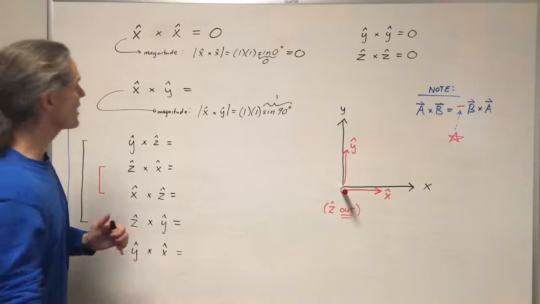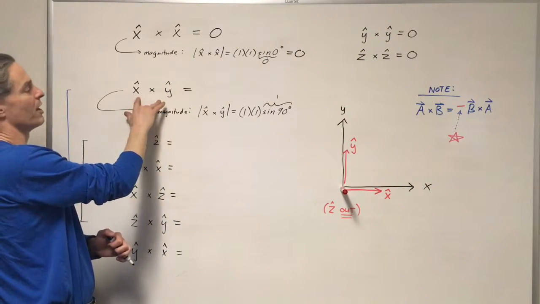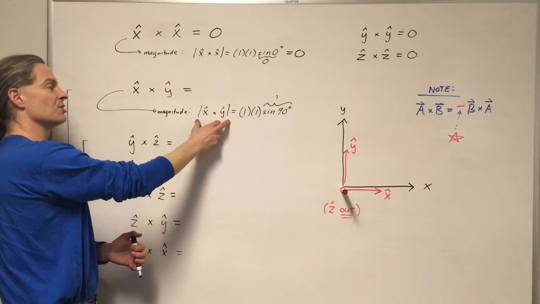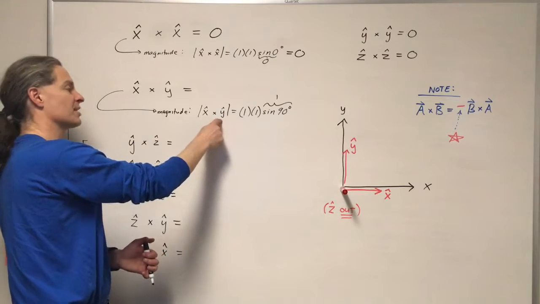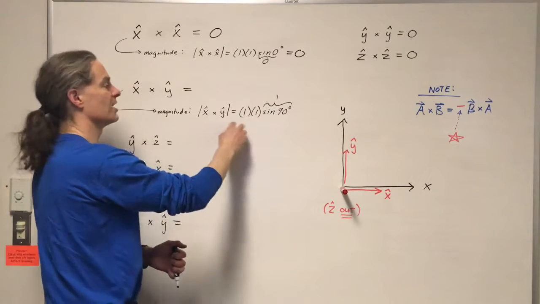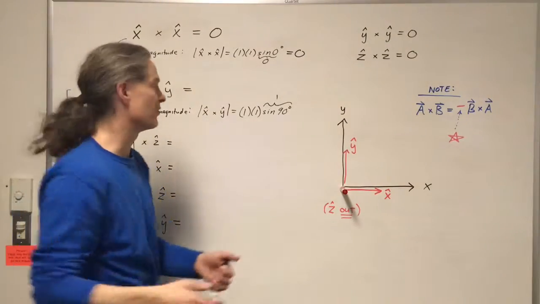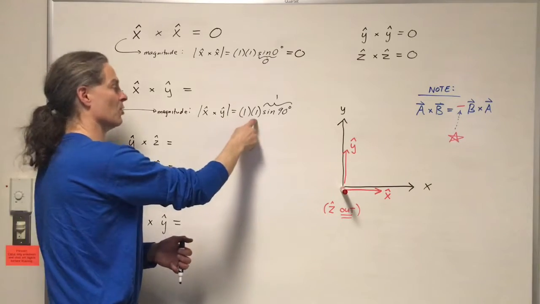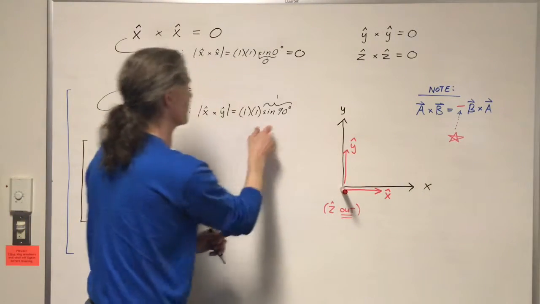Now let's work out the magnitude. The magnitude of x hat cross y hat: you take the magnitude of the first vector, then the magnitude of the second vector, and then the sine of the angle between those two vectors. Well, the magnitude of any unit vector is 1, so the magnitude of x hat is 1, the magnitude of y hat is 1. There's a 90-degree angle between the x hat and y hat directions.